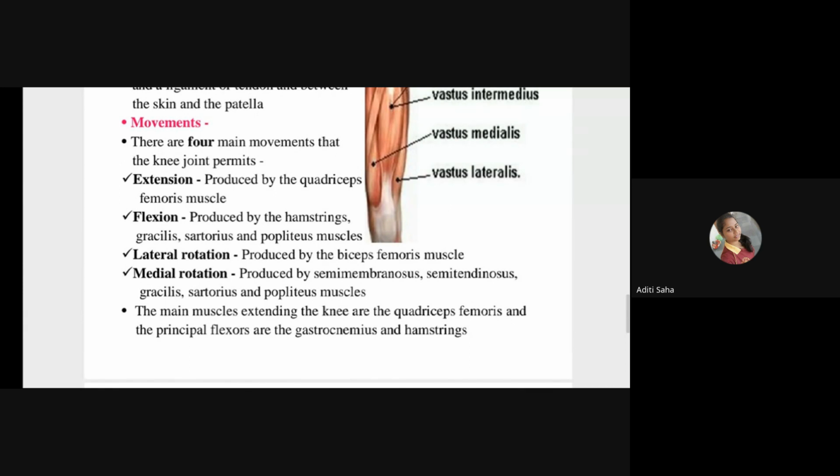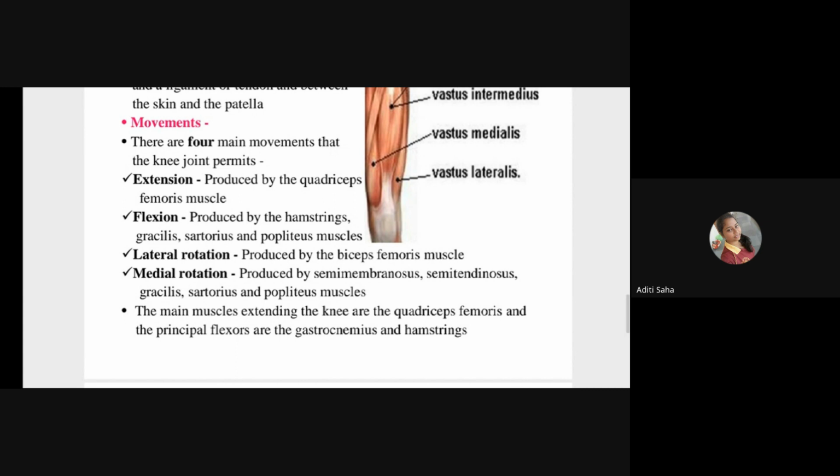If you know the calf muscles, they are present in the back side of our lower leg just below the knee, where we can see a dumbbell of muscles. That is the calf muscle, known as gastrocnemius muscles.